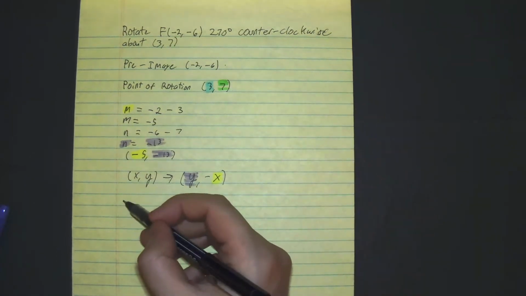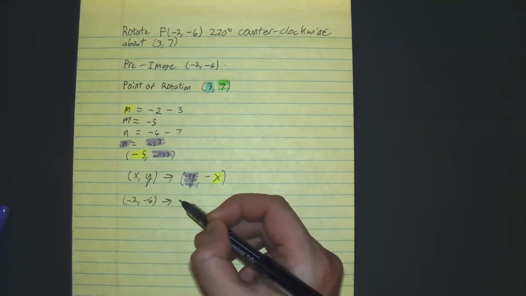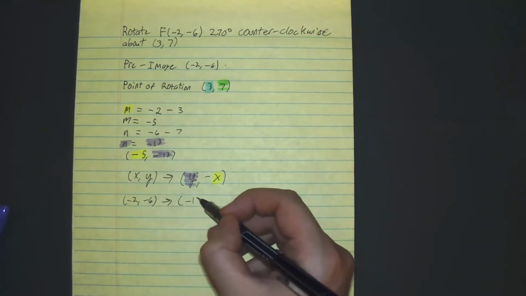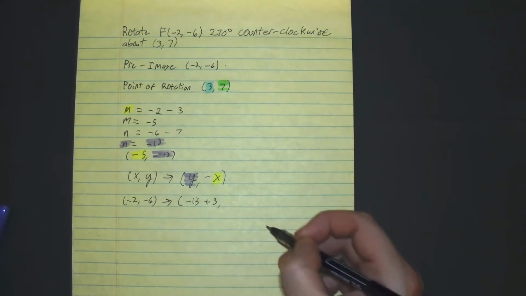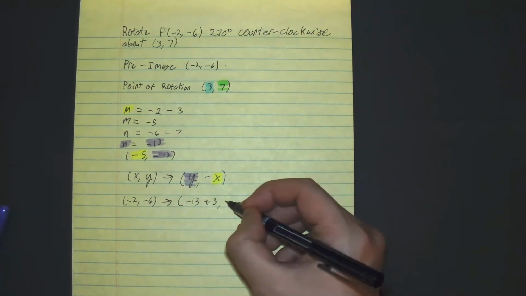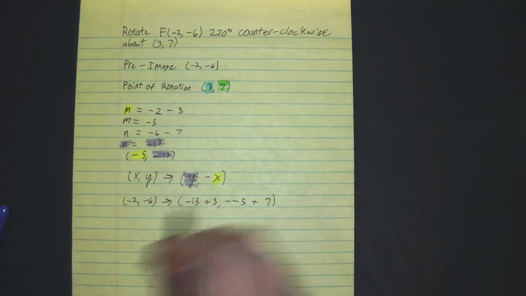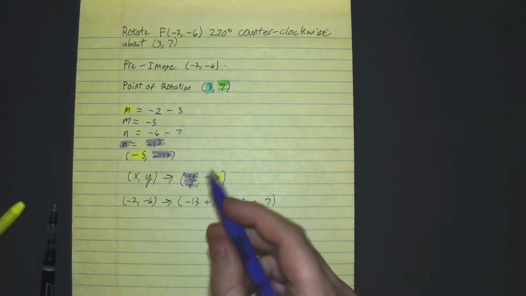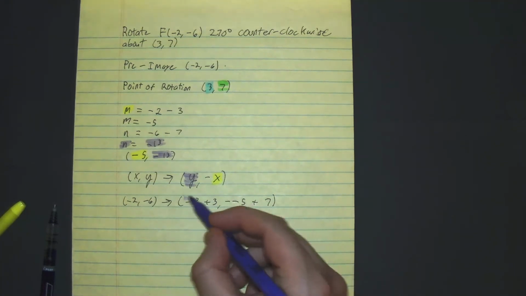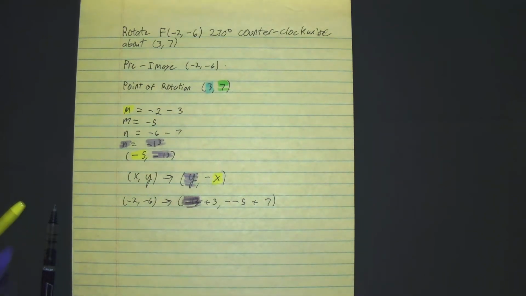Our pre-image, -2, -6, will become -13 plus 3. Then we have -5 plus 7. Let's make sure we have everything right. So what we have here, -13 represents that N value from earlier.